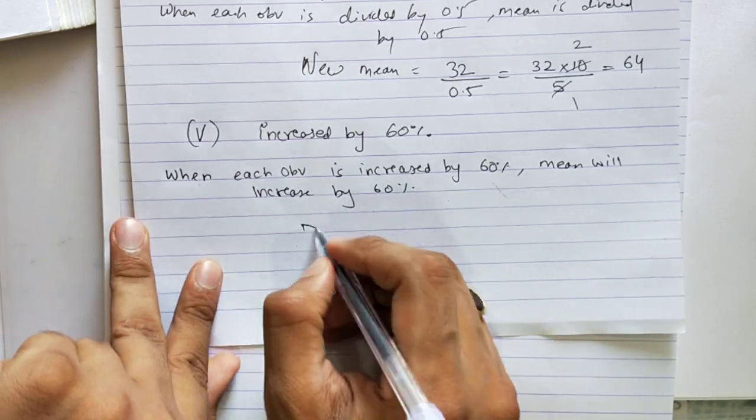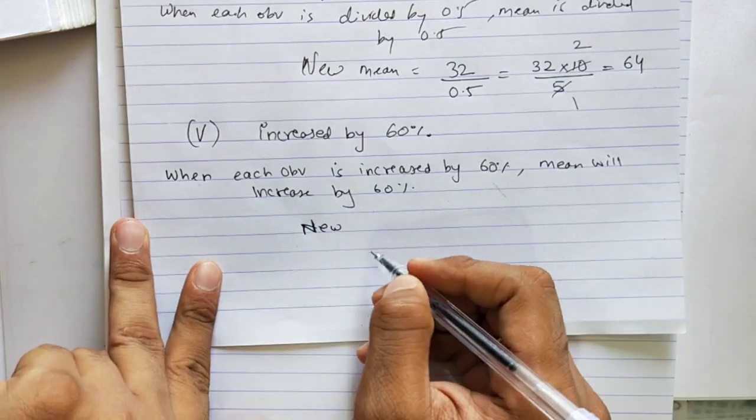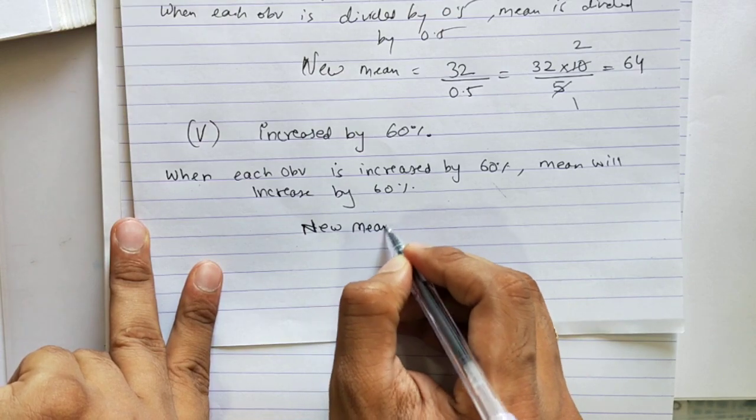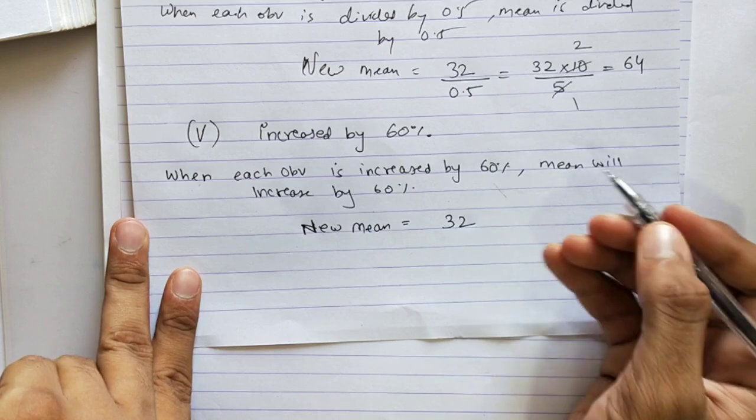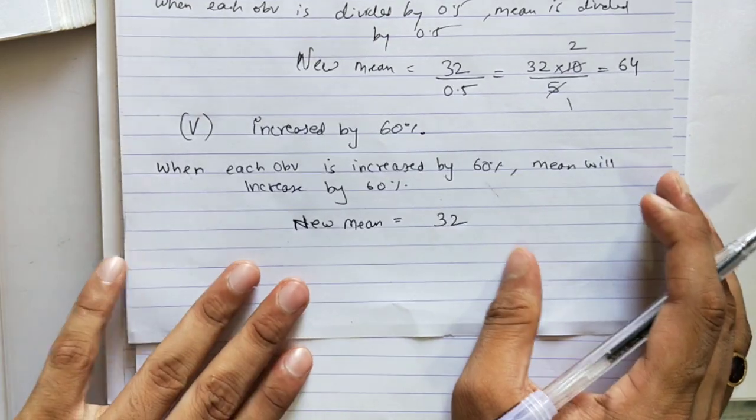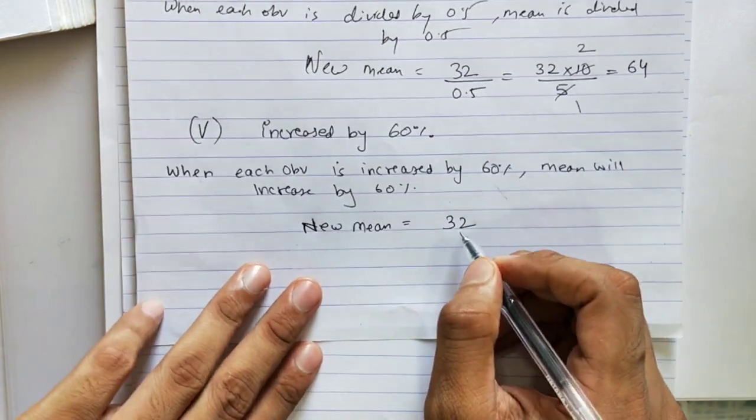So how to increase by 60%? See, the new mean is equal to, the old mean is 32. How to increase by 60%? Understand properly.